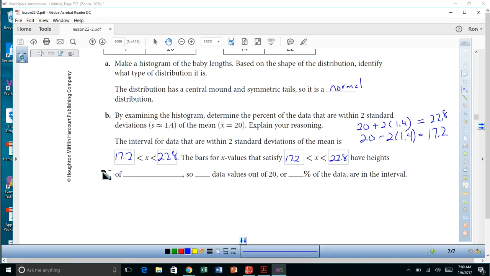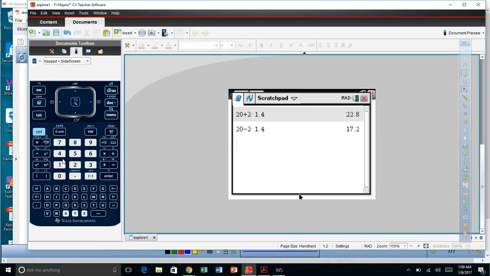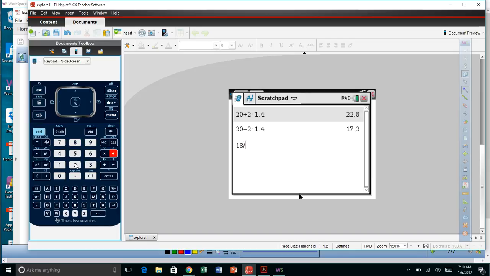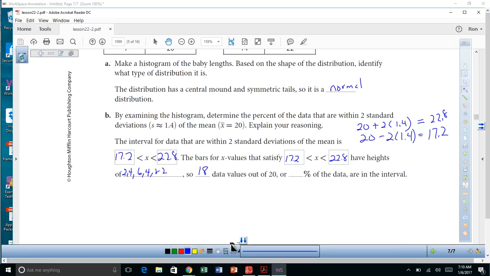That's 2, 4, 10, 12, 16, 18 data values out of 20, so 18 out of 20. 18 divided by 20, I got 90%, 0.9. 90% of the data are in the interval.